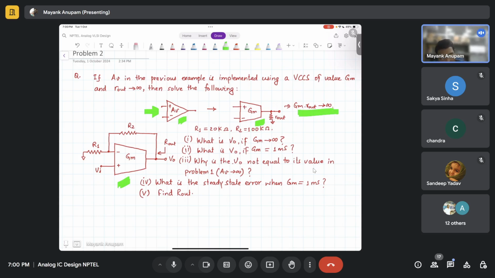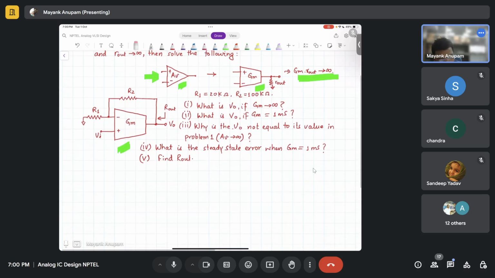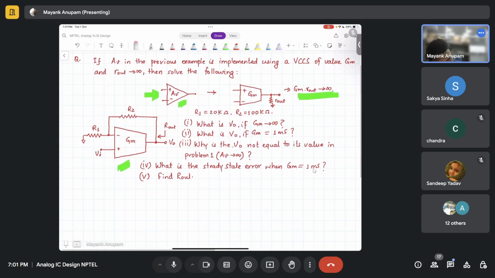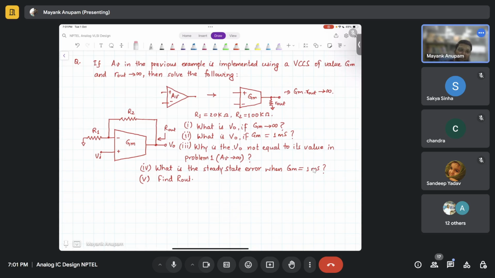So what is going to be V0 if GM tends to infinity? R out was anyway infinity, GM is also infinity, so what is going to be V0? How do you solve this? It is very difficult to process infinity when you're trying to solve.